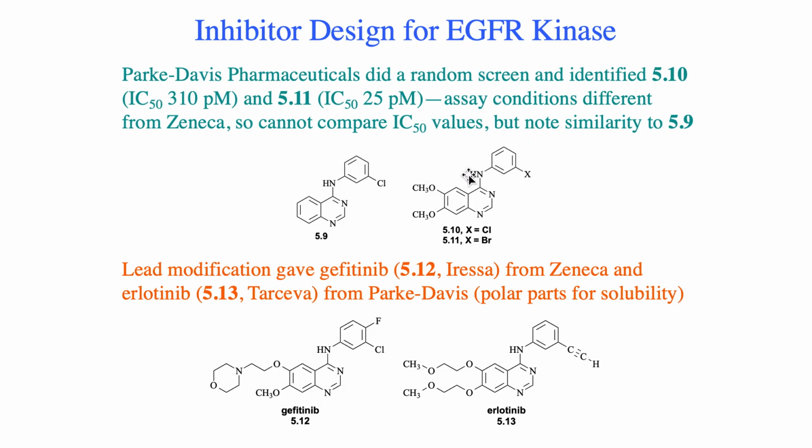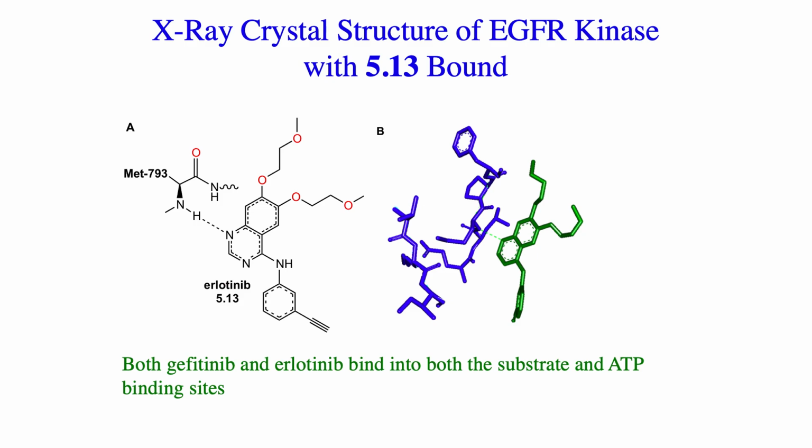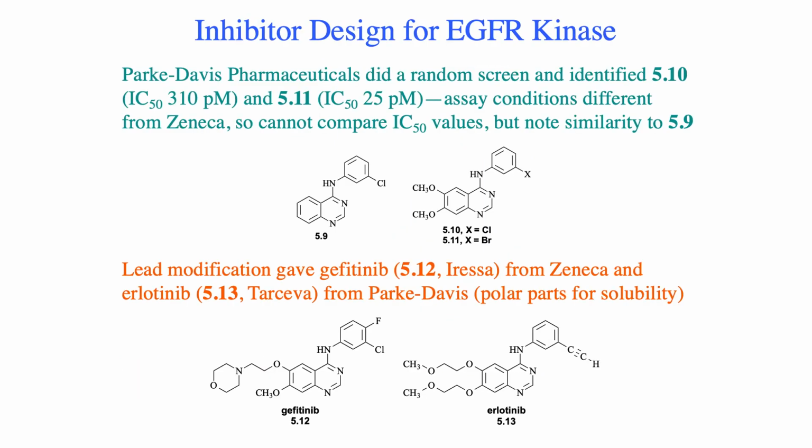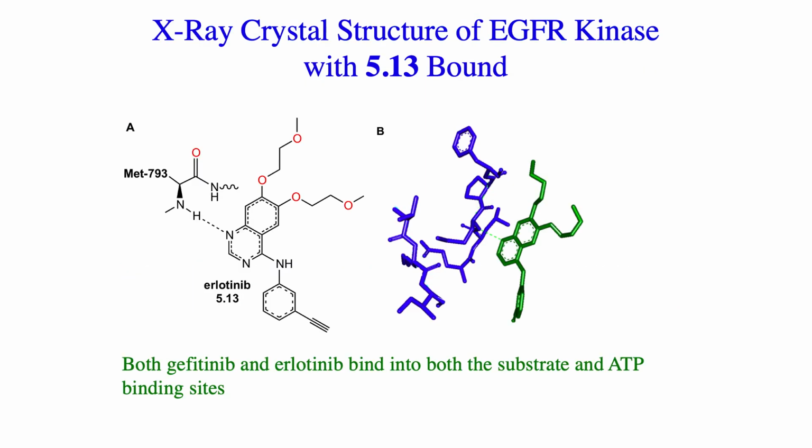All these groups tend to have something that looks like their tyrosine and like their ATP, and they all bind the same way. So they bind both to the tyrosine and the ATP binding sites. All these drug companies didn't have access to the same data, but they had the same concept, and all their drugs ended up looking similar.